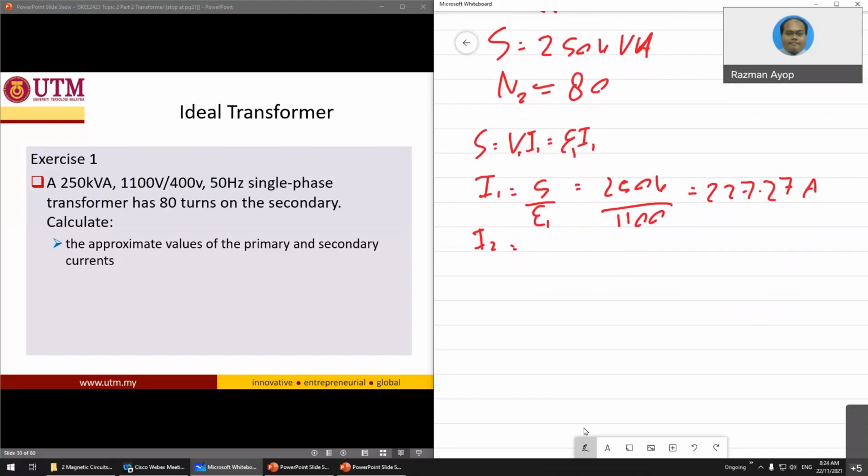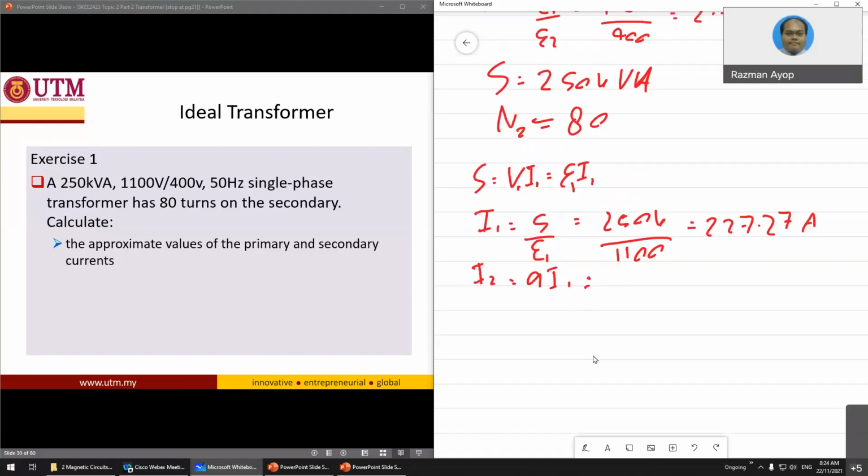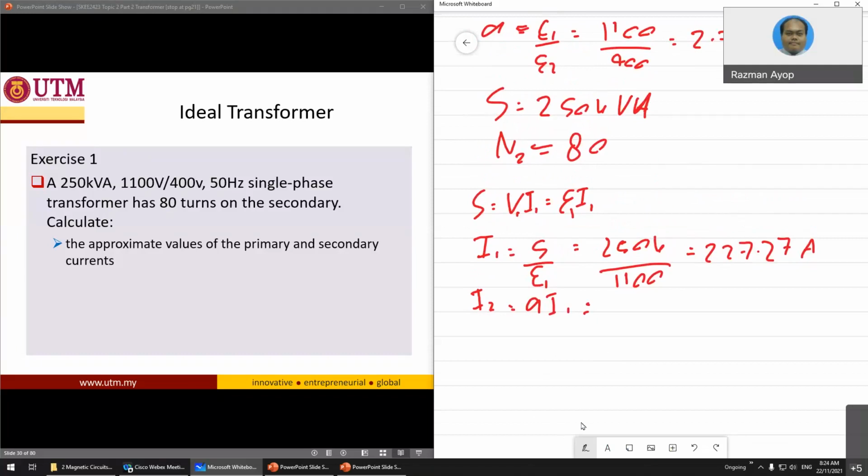Can we use the turn ratio and I1? Yeah, also can. So recall, I2 is a times I1. Is that correct? Yes, that's right. Either you calculate again using S, or you use the turn ratio you already calculated.